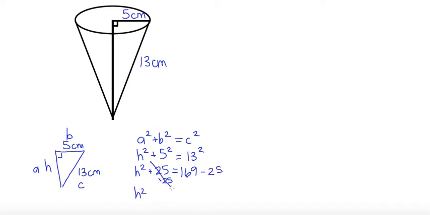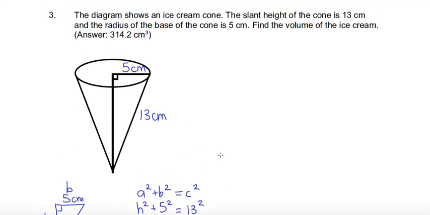So it's gone from the left-hand side, so I'm just left with h squared. So I have h squared is equal to, and 169, take away 25, gives us 144.